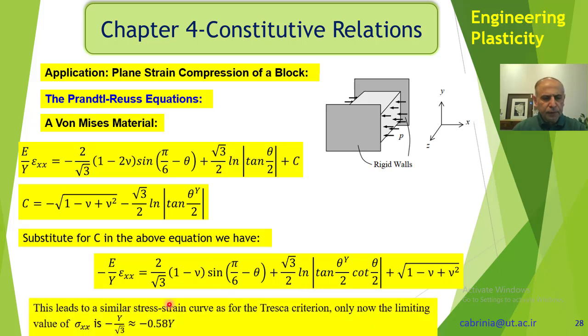And this leads to a similar stress-strain curve as for the Tresca criterion, only now the limiting value of sigma xx is minus y over root 3, which is the difference between the Tresca and Mises criteria. Yeah, this value. In the Tresca it was y over 2, here it is y over root 3.